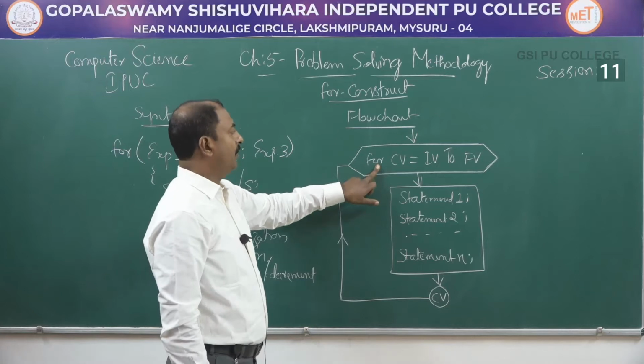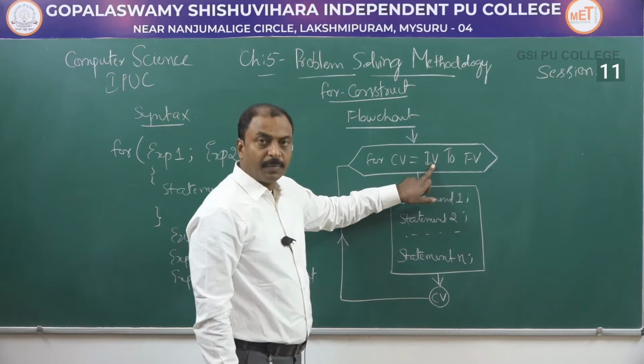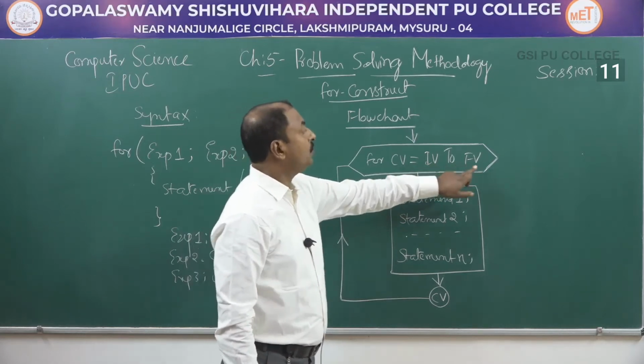Here in the for, the control value is the control variable. We have to repeat the statements from initial value to final value.